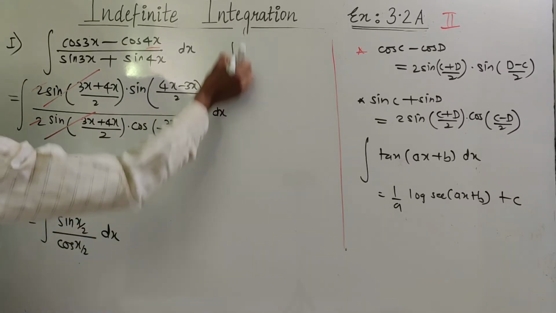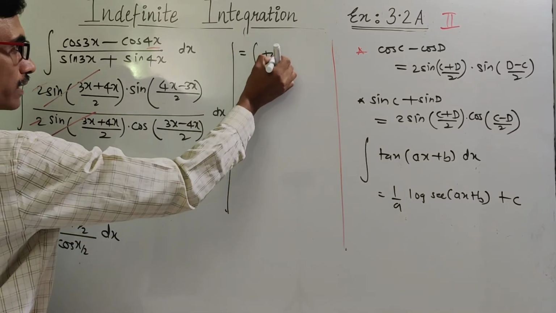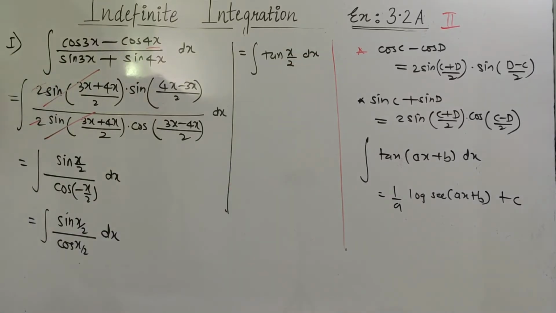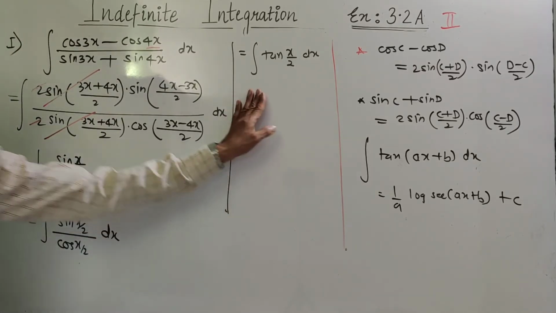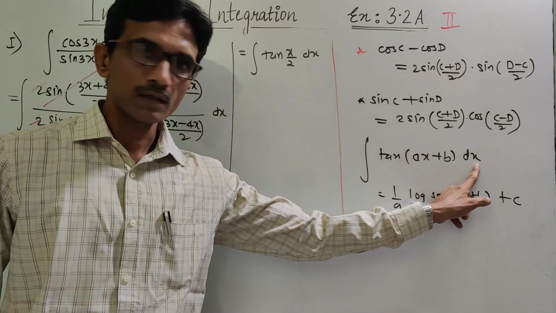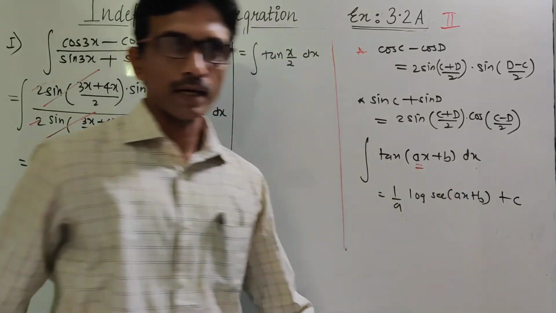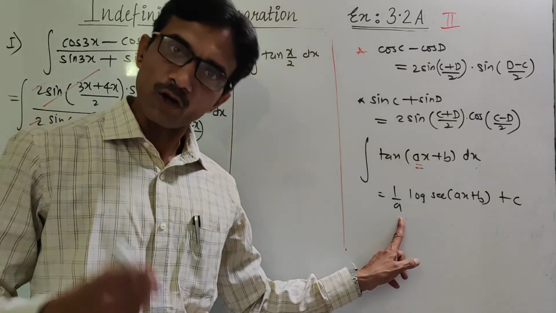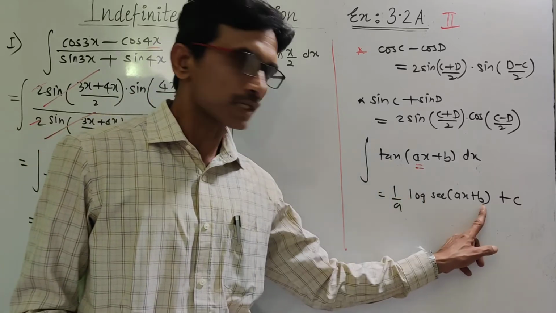Which is the integral of tan x by 2 dx, since sin upon cos is tan. It is of the form integral of tan of (ax plus b) dx. Here a is the coefficient of x, which we always take in the denominator, and we use the formula that the integral of tan is log of sec.